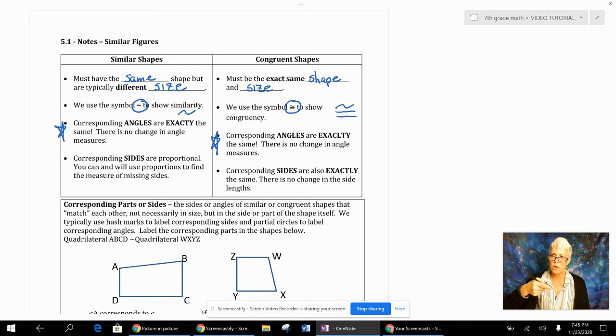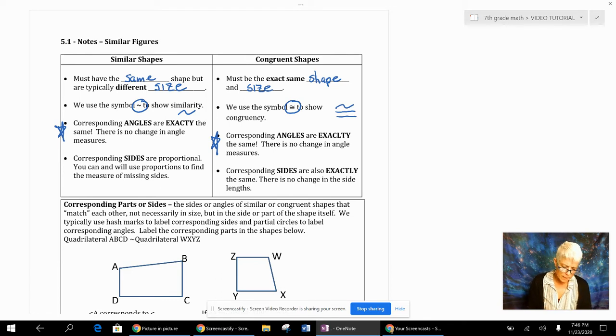If I have a square that is 1 inch tall, or if I have a square that's a mile tall, they're still both going to have 90-degree angles because that's what makes it a square. But what about the sides? Now, if they're congruent, if they're exactly the same size, then the sides will be exactly the same size. But going back to those original two squares you had in your mind, the one that's twice as big, the sides will be twice as big.